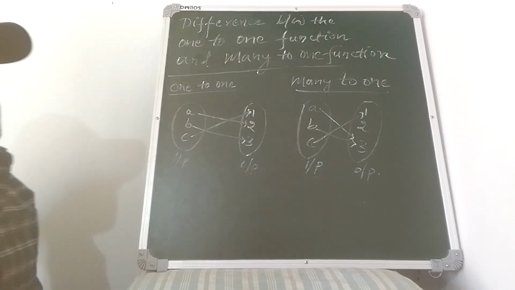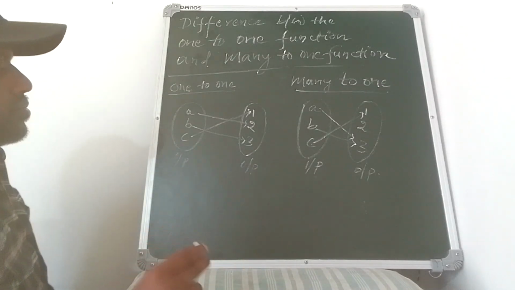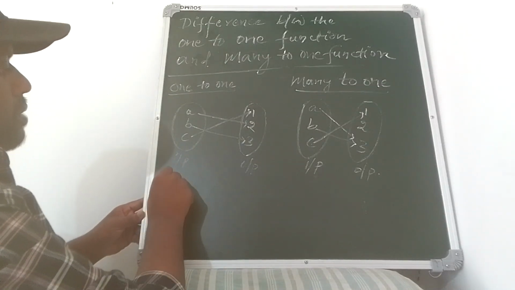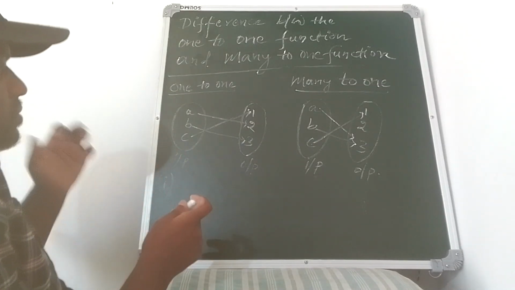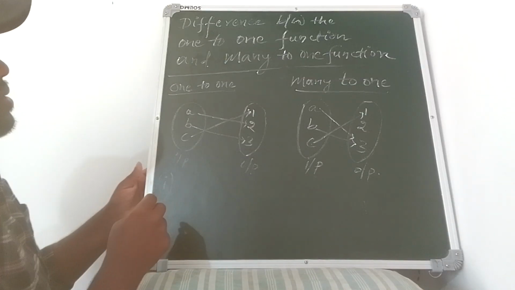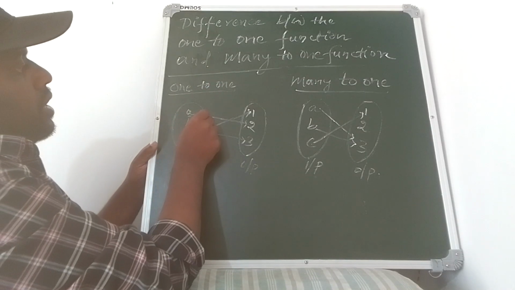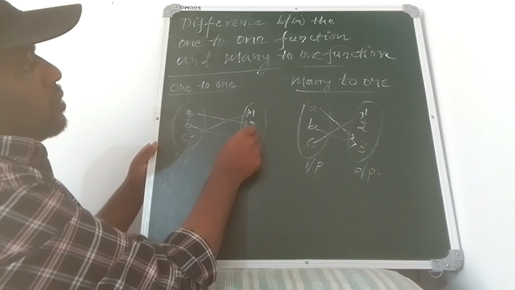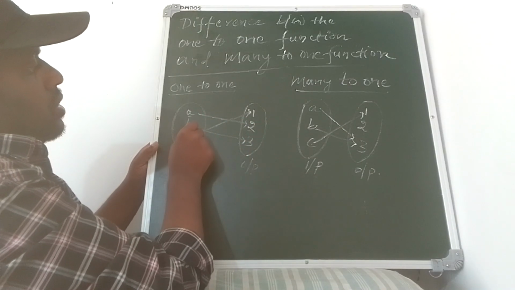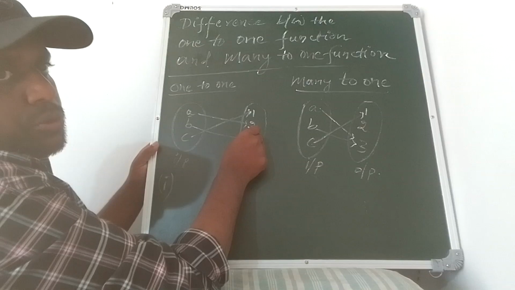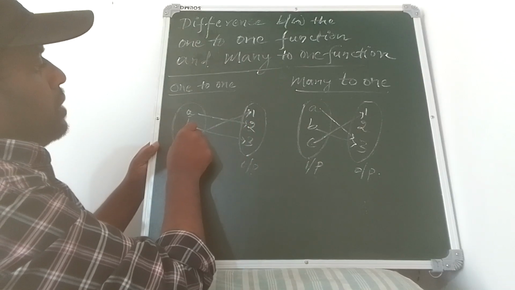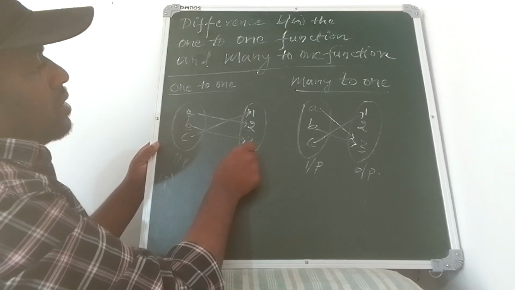Okay. You can see point number 1. This is a one-to-one function. See, take input A. It has output 2. So one output. Take B, 3 is the output.